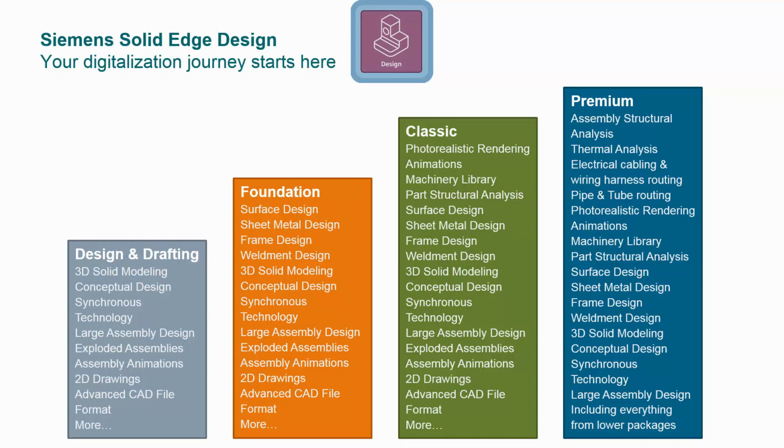These design tools are split out and provided in different product packages depending on a customer's needs. The most common package is Classic and includes most of the basic design capabilities needed in industry. If customers need anything in a more specialized area of design, such as electrical routing, pipes and tubes, or Solid Edge simulation, an upgrade to Premium is the best option.